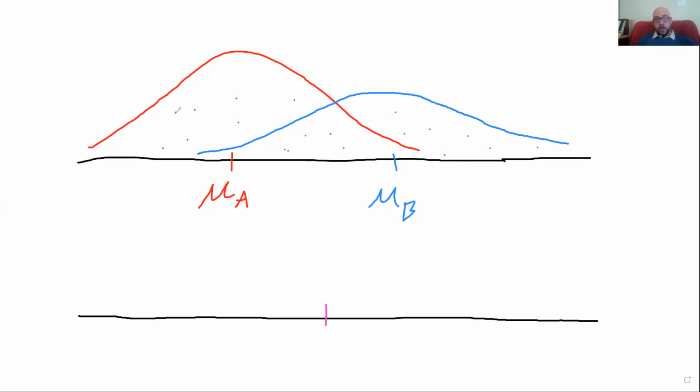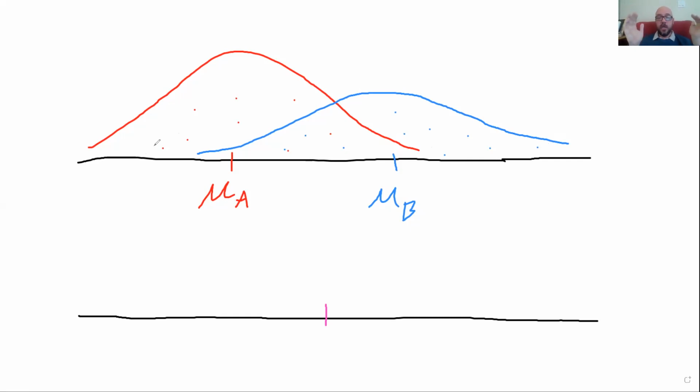This is small and that's big, and it's much farther away from mu A minus mu B than, for instance, just this red dot is away from the mean of mu A. So because there are these differences in A minus B that are bigger than anything in A or in B, you get this extra large spread.